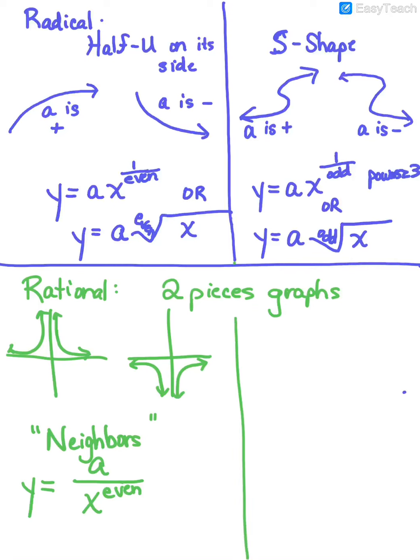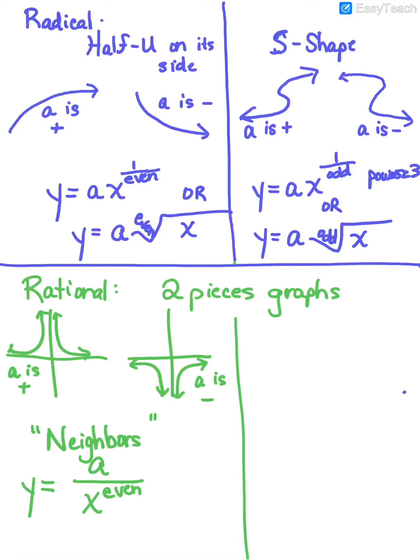And just like you may have guessed, A is going to determine where those two pieces are. So if your A is positive, your two-piece neighbors include the first and second quadrant. Whereas if your A is negative, then your two pieces are going to include quadrants 3 and 4.